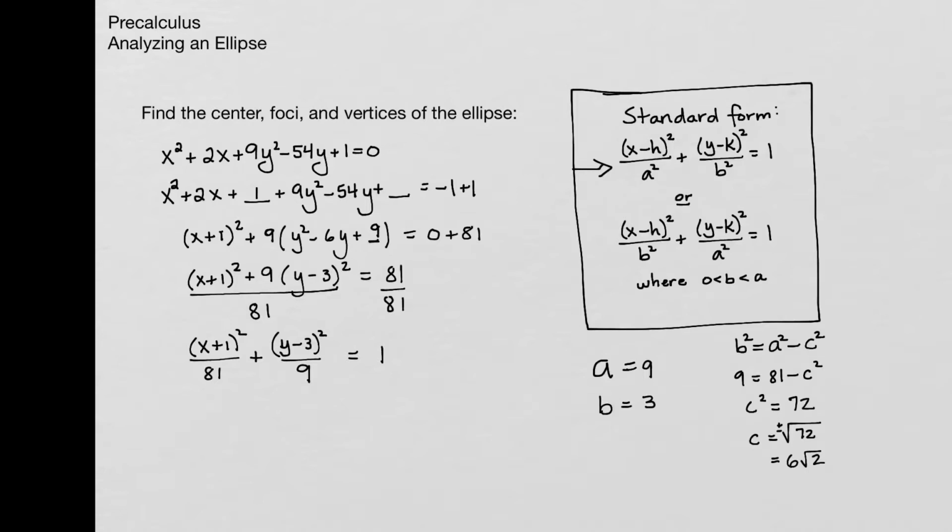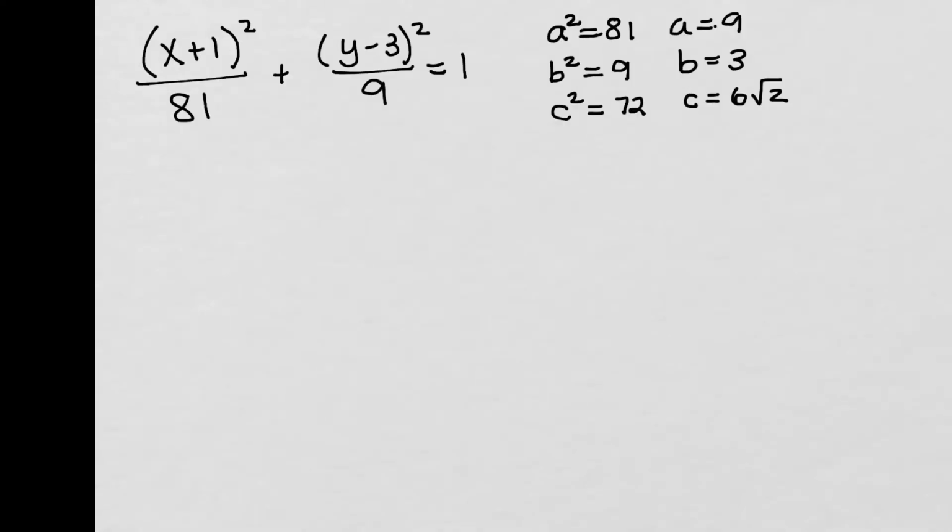All right. So now we have a, b, and c, and we're ready to find our center, foci, and vertices of the ellipse. Now what I can tell about this ellipse is that the major axis is parallel to the x-axis.